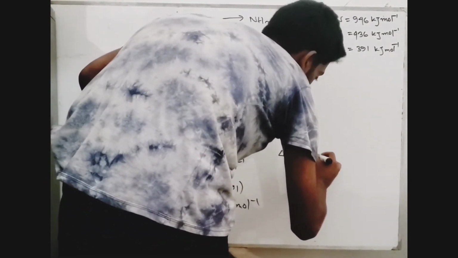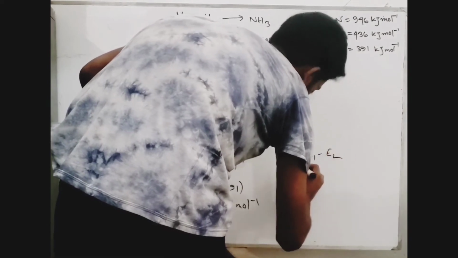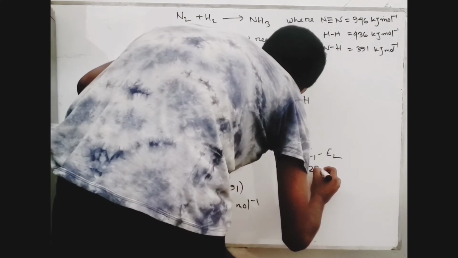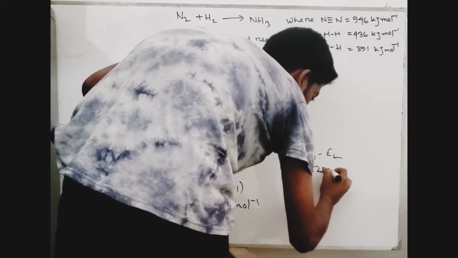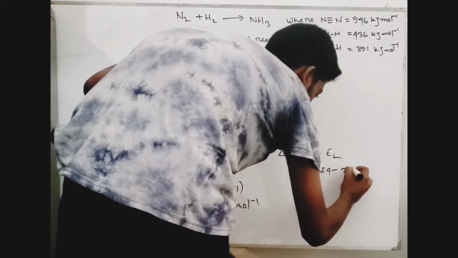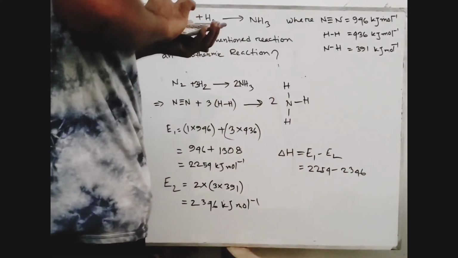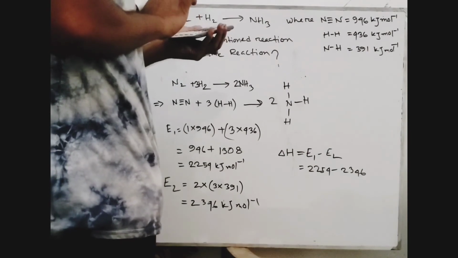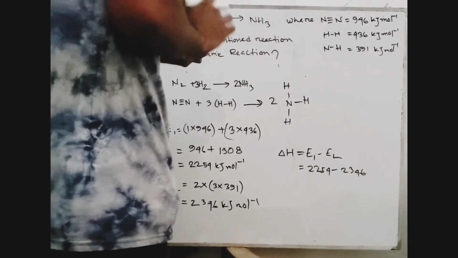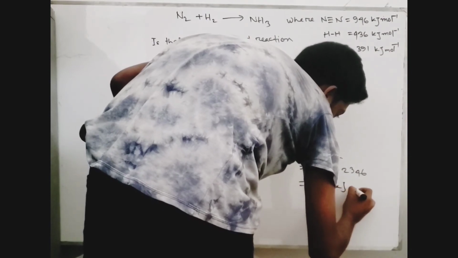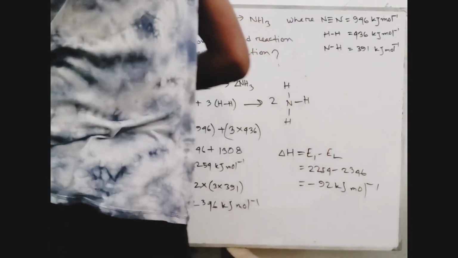So E1 minus E2, that will be 2254 minus 2346. Here you will get minus 92 kilojoule per mole.